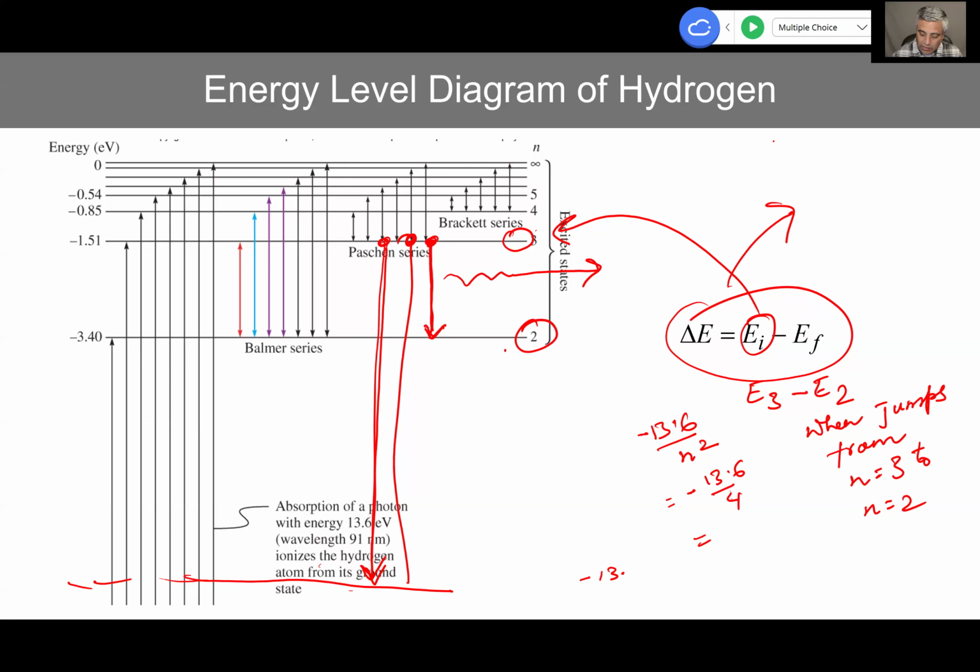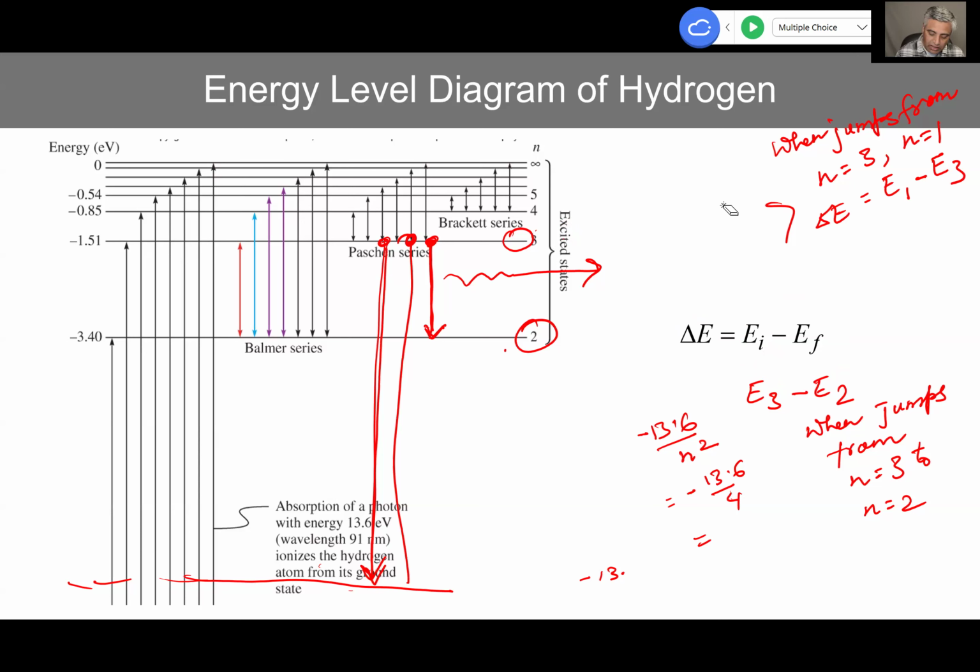Now, when it jumps from, let's say, n is equal to 3 all the way to n is equal to 1, so these are different possibilities, and so it's jumping around. In that case, this delta E, or the energy emitted, is going to be E1 minus E3. Final minus initial, remember. Okay? So that's how it works out.